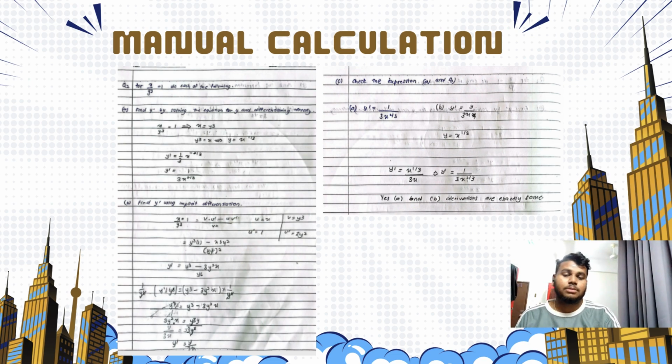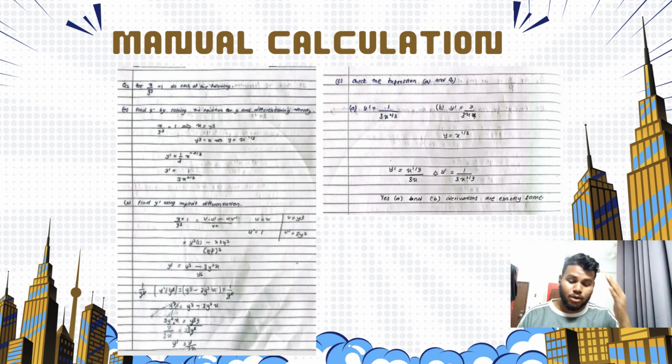So we are going to the manual calculation of question 2. We start from question A, find y prime by solving the equation for y and differentiating directly. So of course, we need to move x to the right-hand side and keep y on the left-hand side.